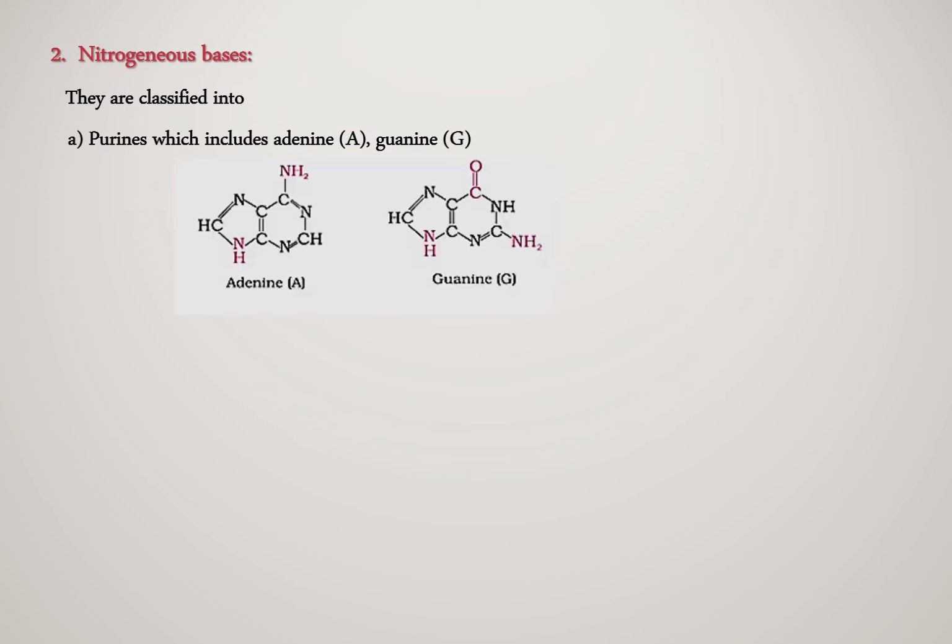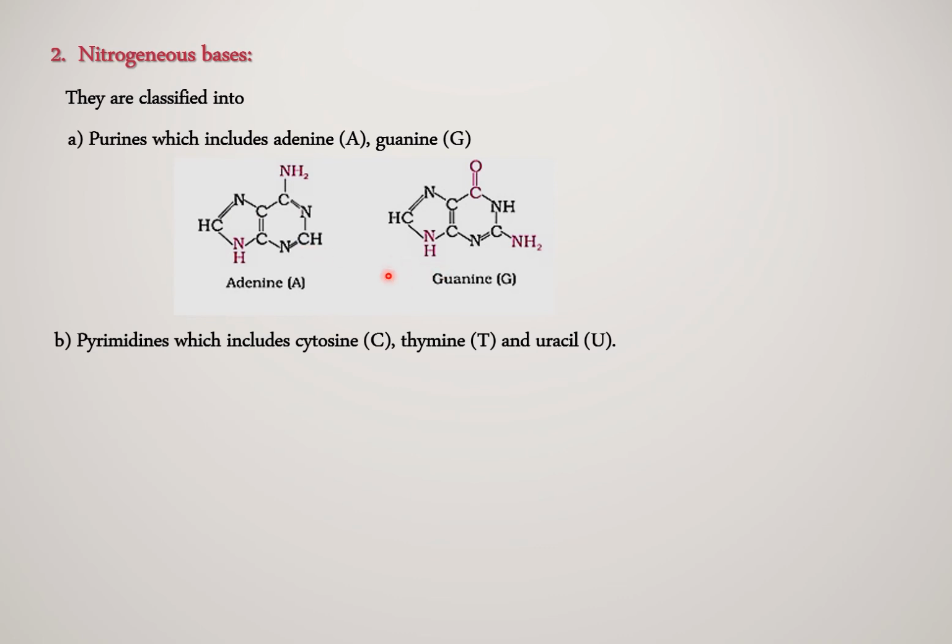The nitrogenous bases which are present in our nucleic acids are broadly classified into the purines and the pyrimidines. The purines include the bases adenine and guanine. They are abbreviated as A and G. These are the structures of adenine and guanine.